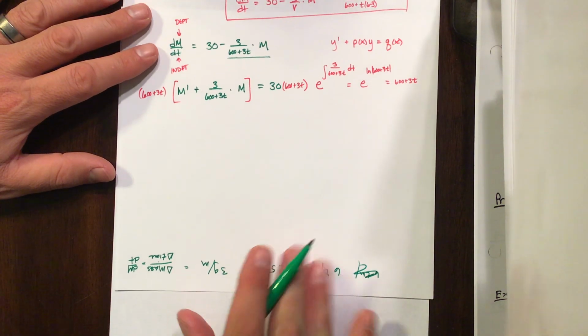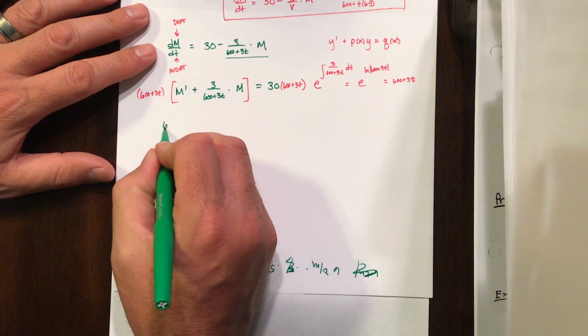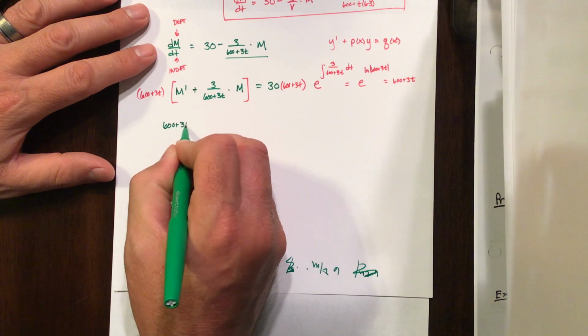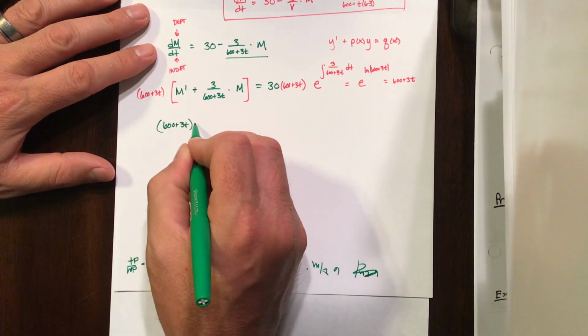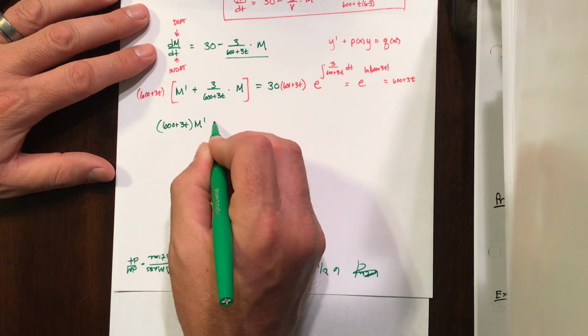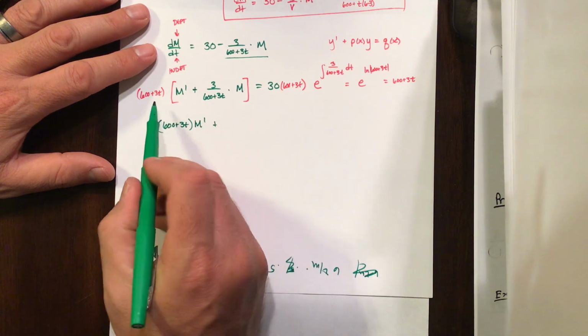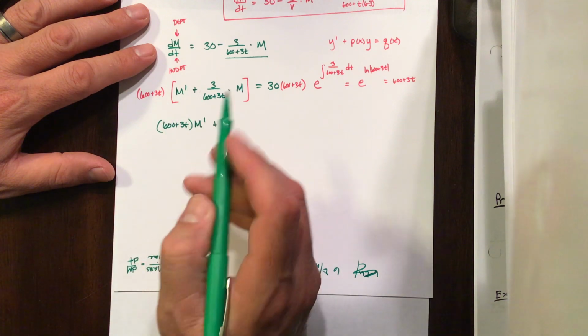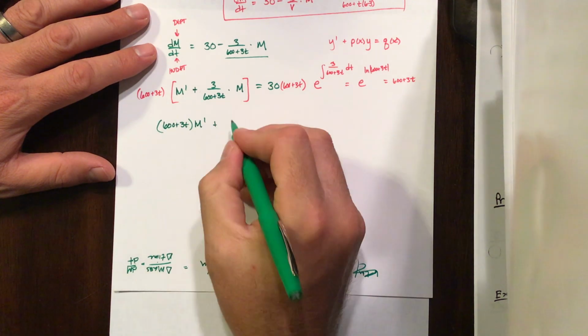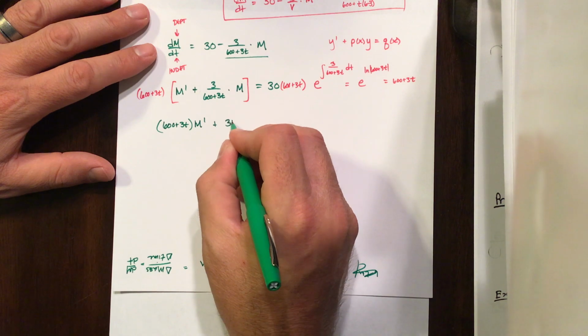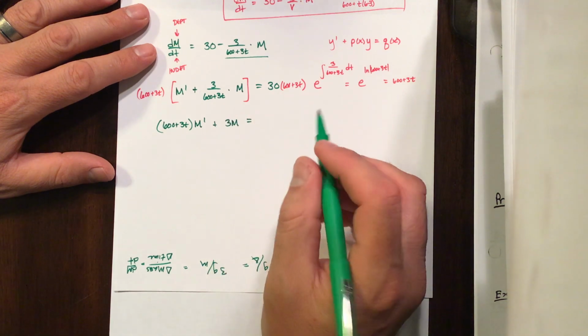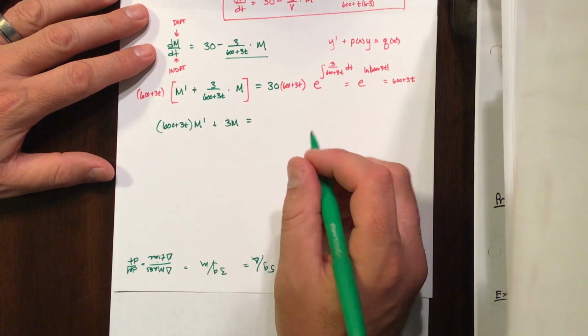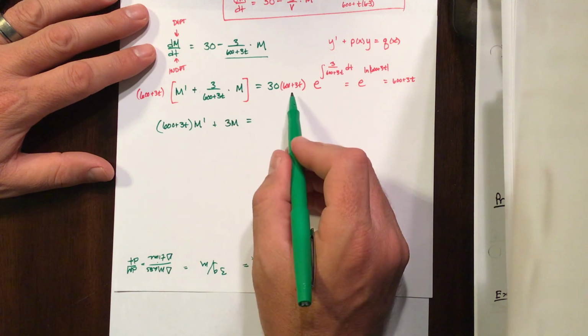On the left-hand side, this now becomes 600 plus 3t times m prime plus the 600 plus 3t in red cancels the 600 plus 3t in green, so that's now 3m, and that equals, well, let's distribute this through.